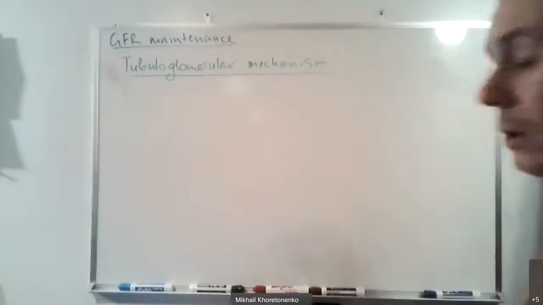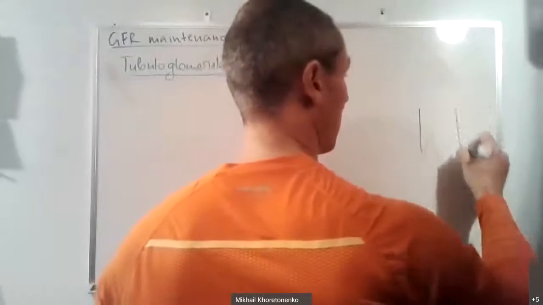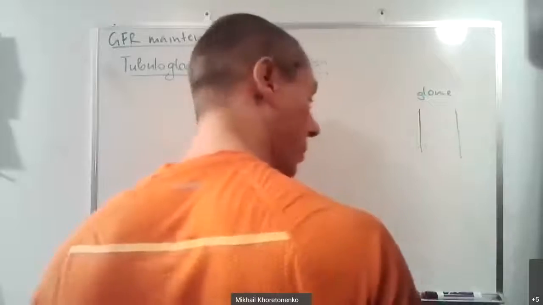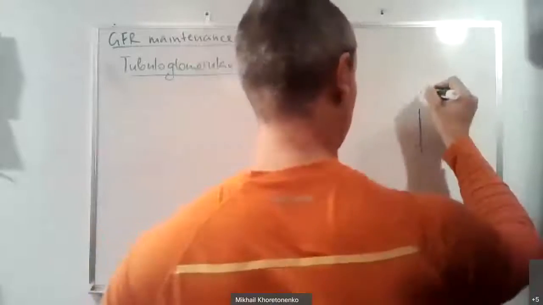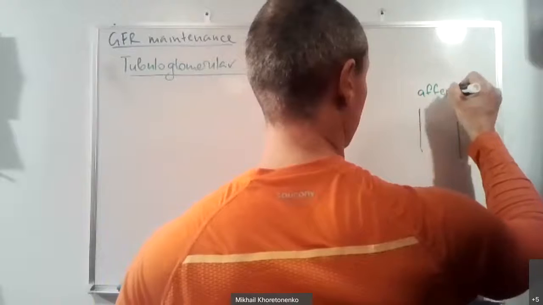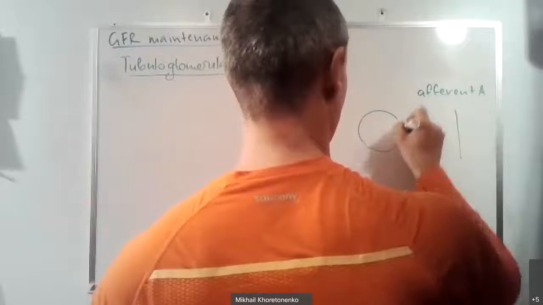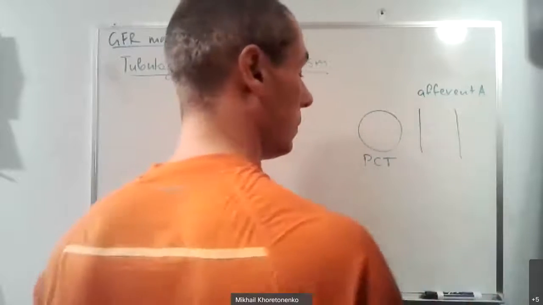So imagine that this is a glomerular afferent arteriole, I'm sorry. This is the proximal convoluted tubule.